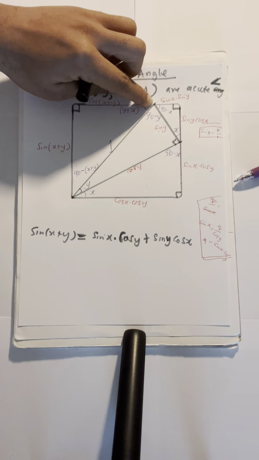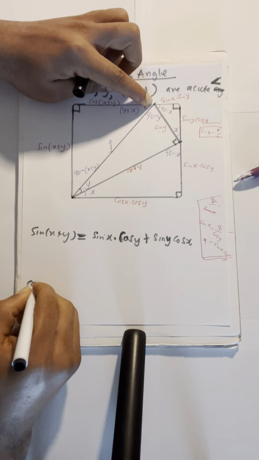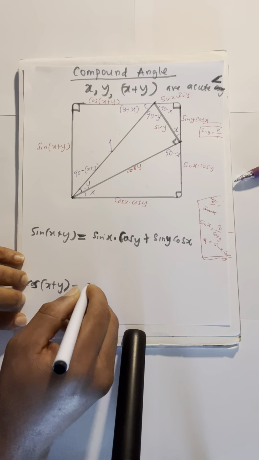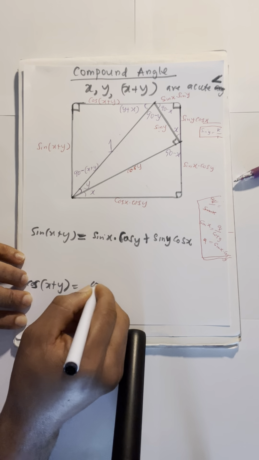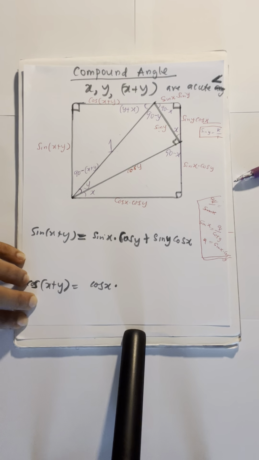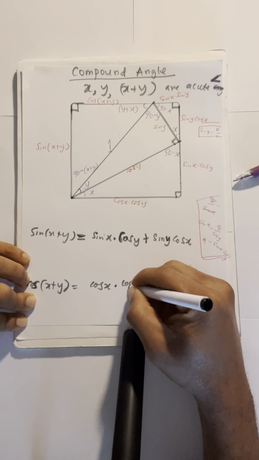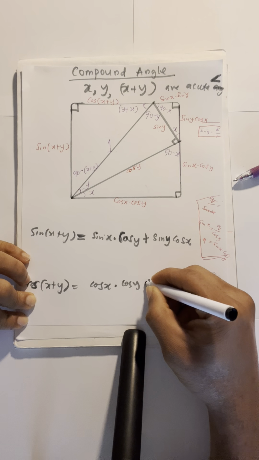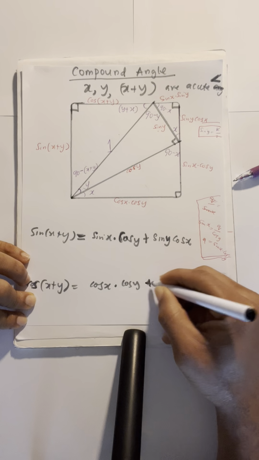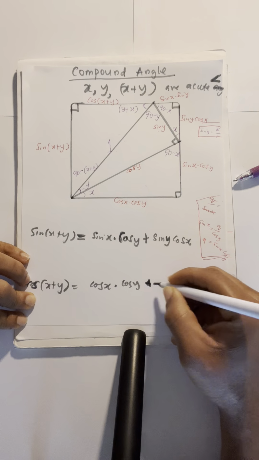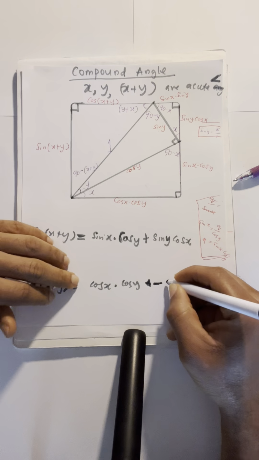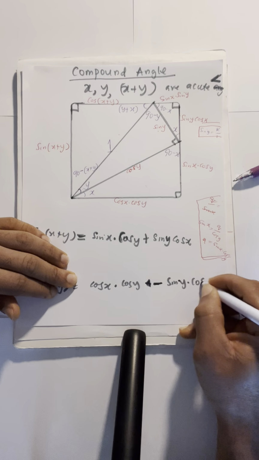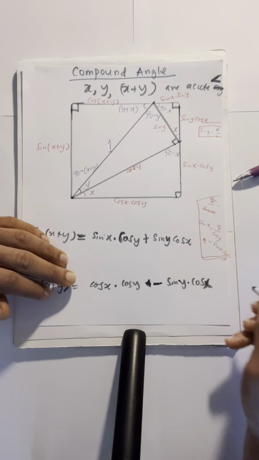I'll write that as cos x plus y is equal to cos x cos y minus sine y sine x.